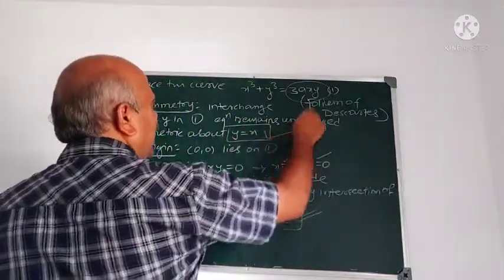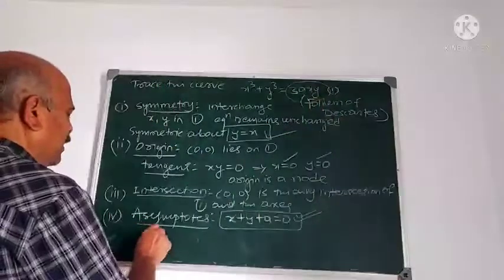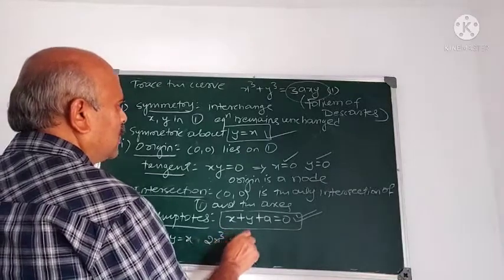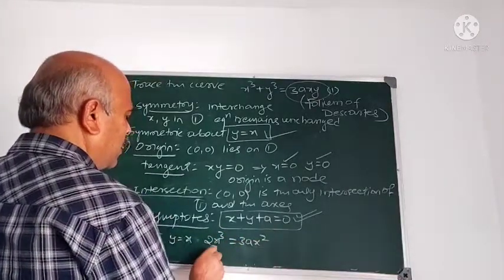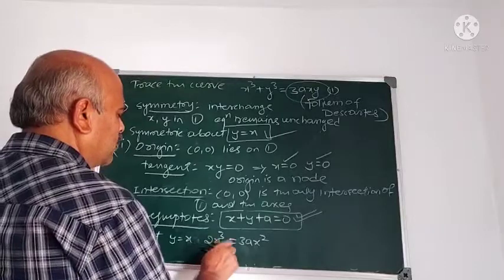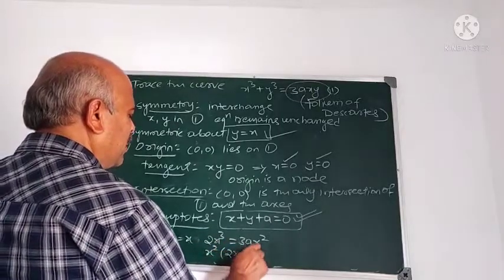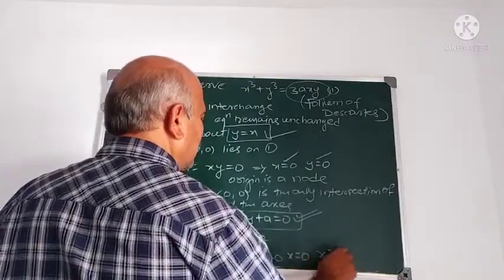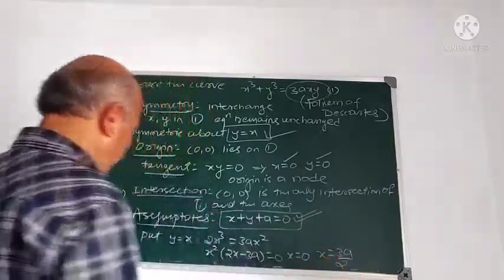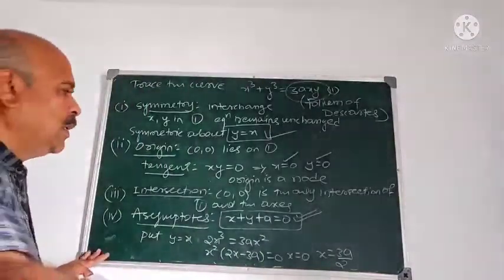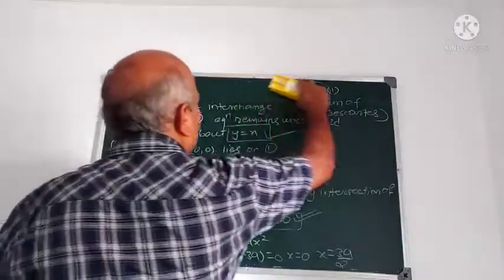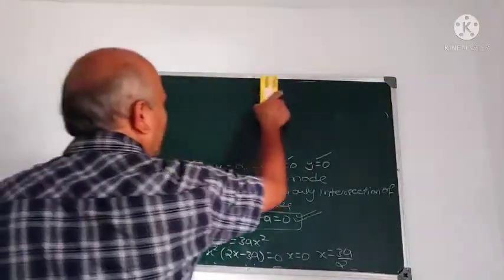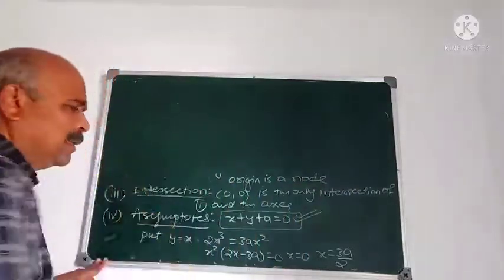Substitute y is equal to x in the equation. We get 2x cube is equal to 3ax square. Therefore, x square into (2x minus 3a) is 0. So x is 0, or x is equal to 3a by 2. That means the line y is equal to x intersects the curve at the origin and also at 3a by 2.